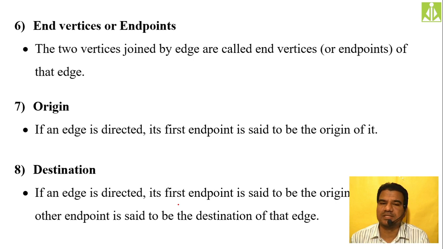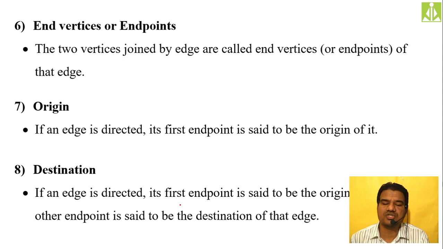Then the next thing is end vertices or endpoints. The two vertices through which the edge is joined, we call them end vertices. Where the edge is used to join two particular vertices, we call those two vertices the endpoints of that particular edge.